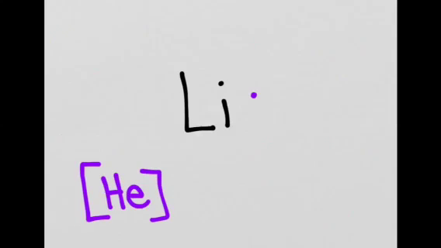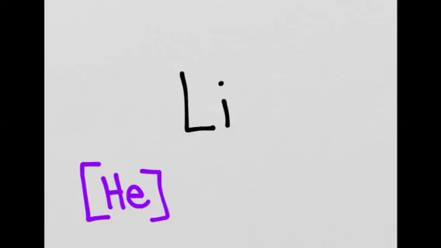Now, what would lithium have to do in order to attain that feeling of fullness? Well, we see one lonely valence electron right there, and we remind ourselves that lithium's electron configuration is helium 2s1. So if lithium were to lose that one electron, then it would also lose this part of its electron configuration, and it would be exactly like helium.